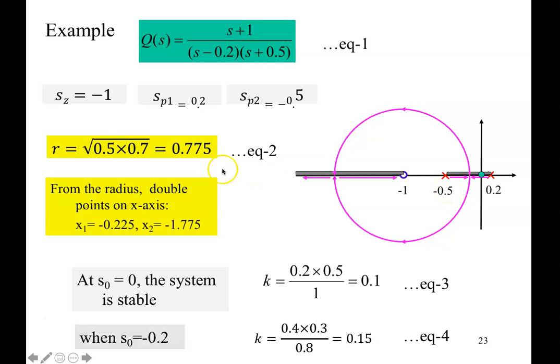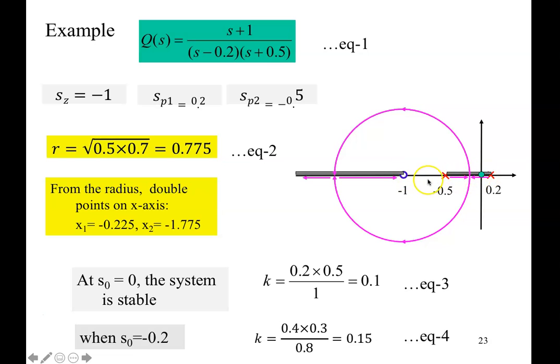So I need to work out the radius first. The radius equals the square root of the distance between this zero and one of the poles, so that's 0.5, times the distance between this zero and the other pole at positive 0.2.